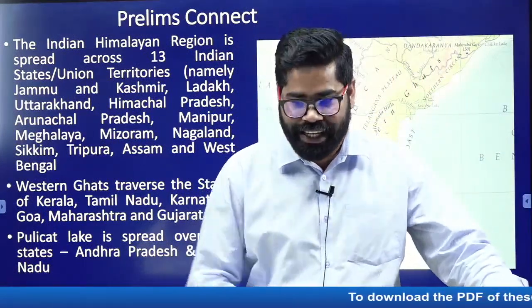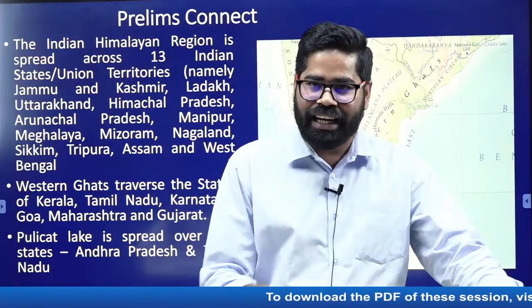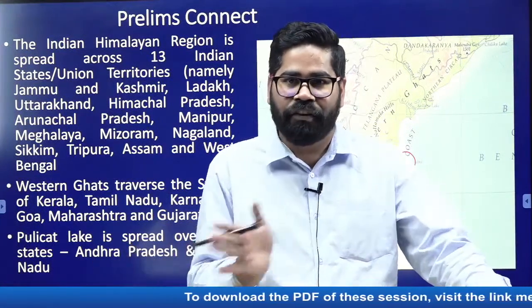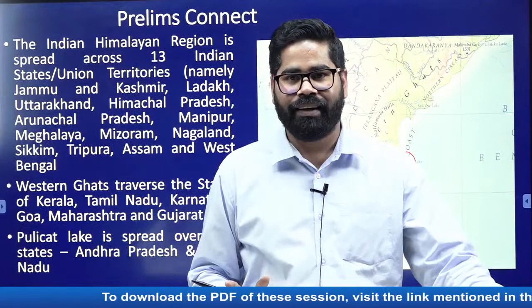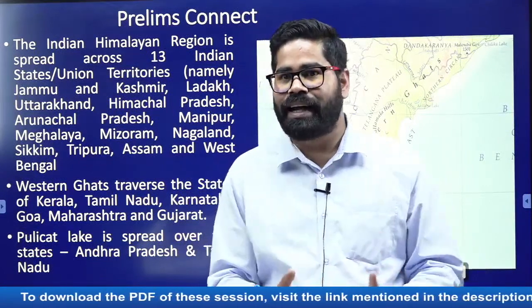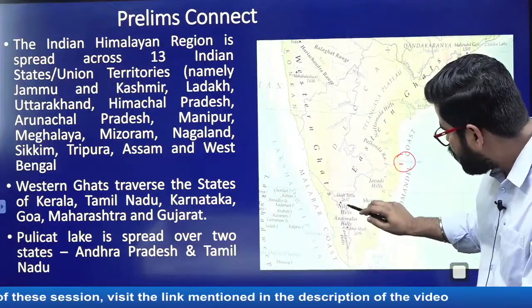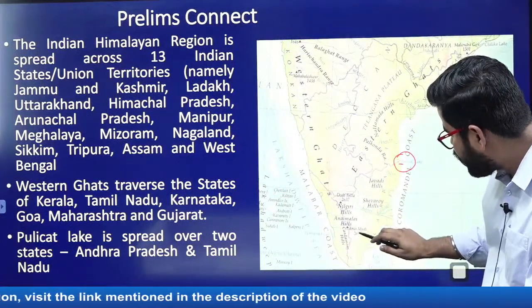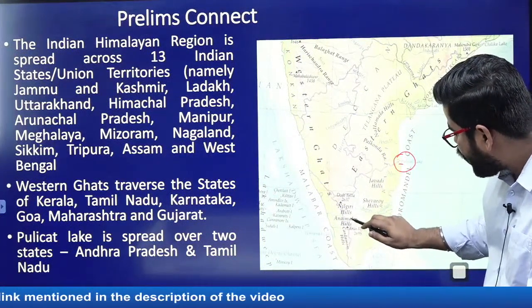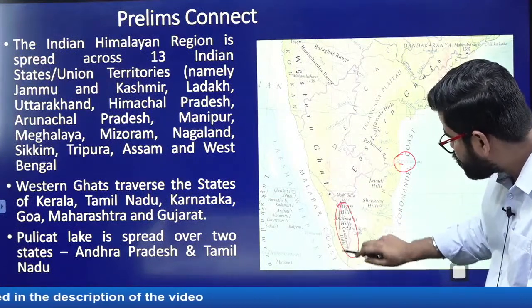You can see this Nilgiri, okay. The Nilgiri region extends into part of Tamil Nadu also, okay. That's why it is said that in this Western Ghat region, you can see the Nilgiri Hills, Annamalai Hills, these regions are here, almost on the border areas.